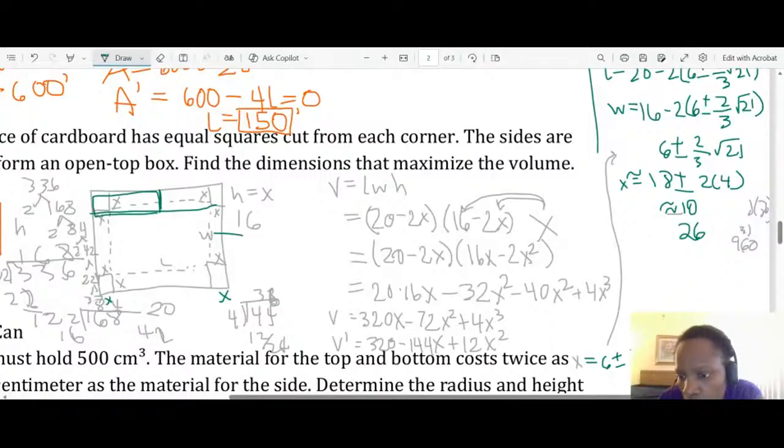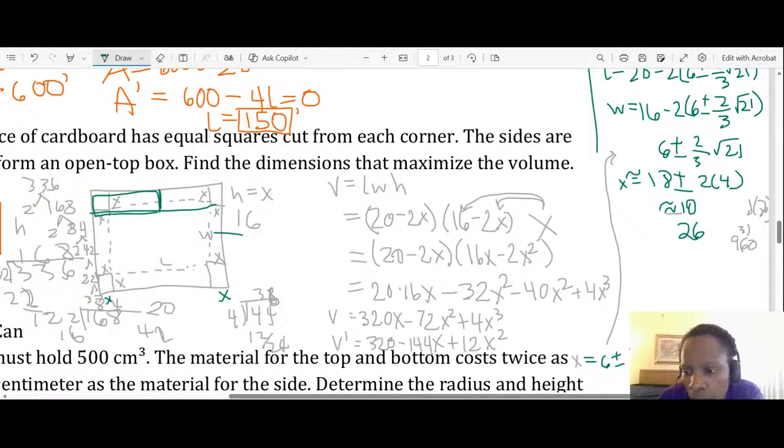So if I took this to be 6 plus 2 times 4, which is, let's just say it's 18 plus 8/3, or 18 minus 8/3.